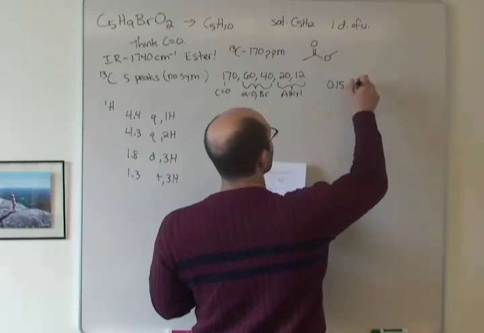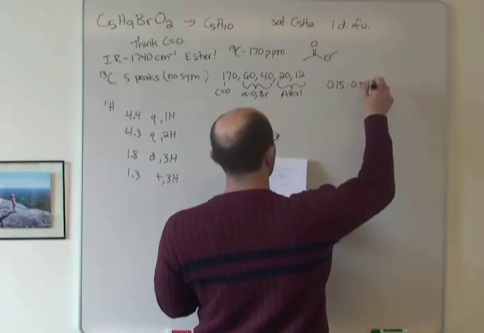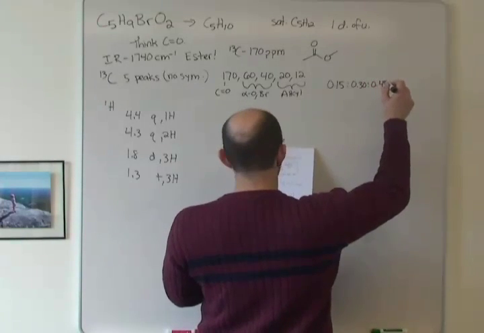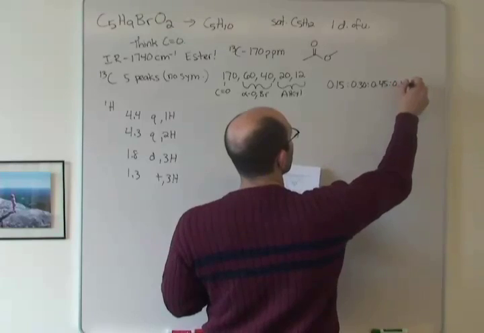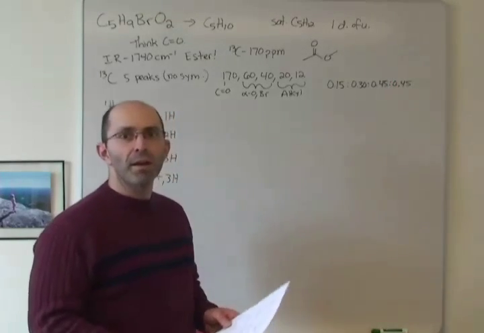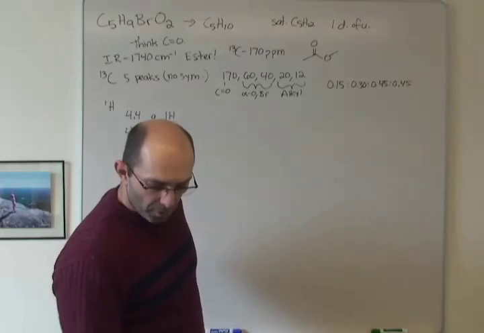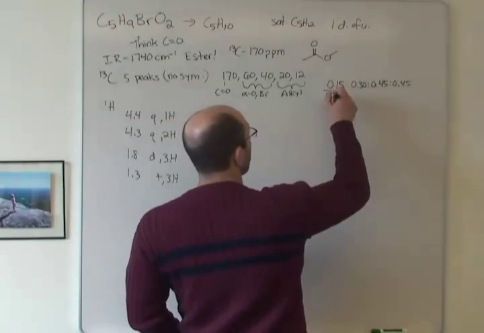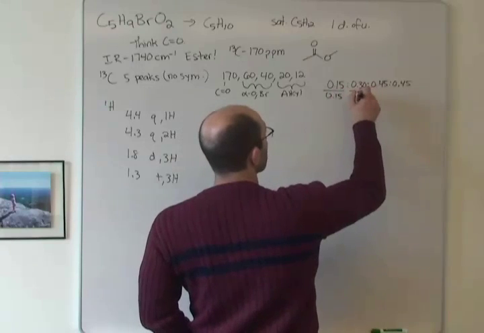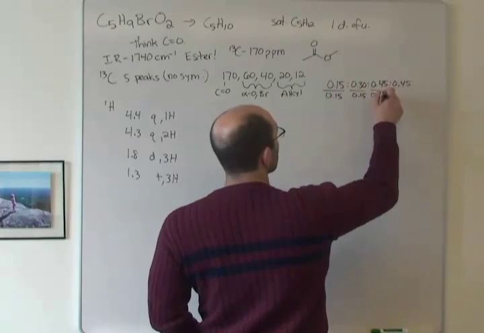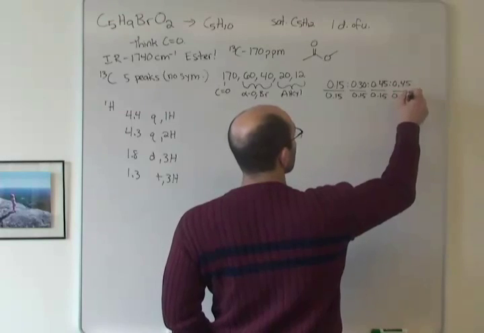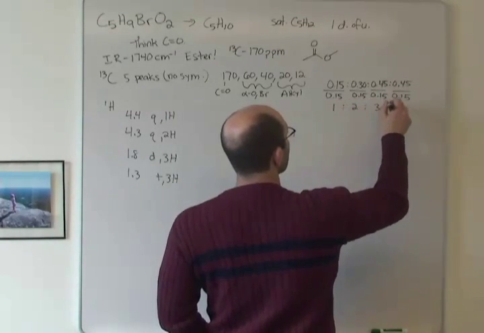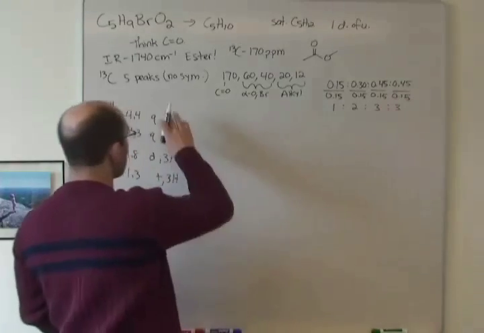0.15 to 0.30 to 0.45 to 0.45. If you get something like that on the exam, or on another problem like when you're working in lab, again, make sure you divide by the smallest one. Right, and that's going to be 1 to 2 to 3 to 3, right, which is what we have here.